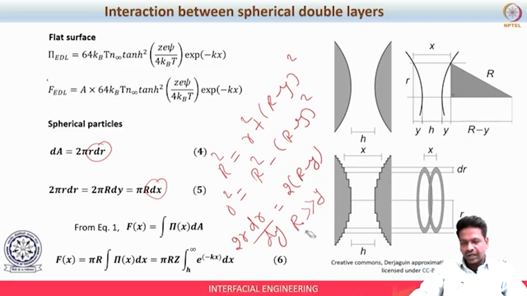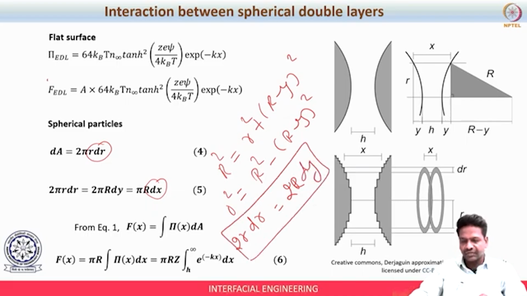So, in that case, you can ignore this y and simply keep only the 2R. So, 2r dr is nothing but 2 capital R dy. So, this is exactly the relation we have.